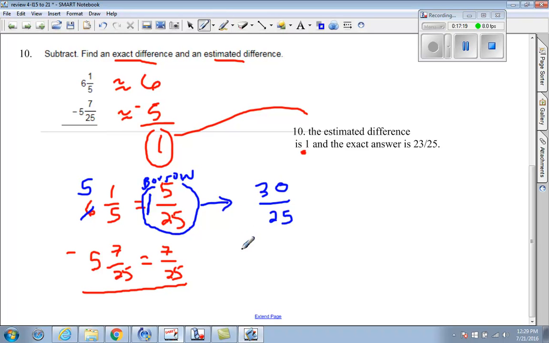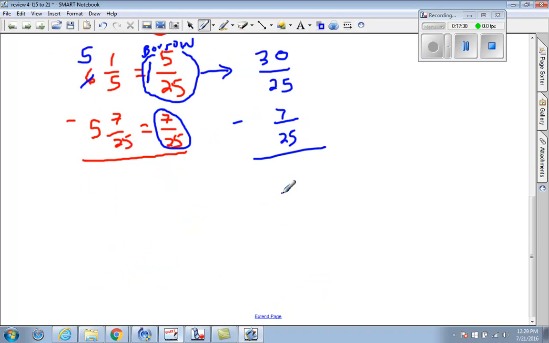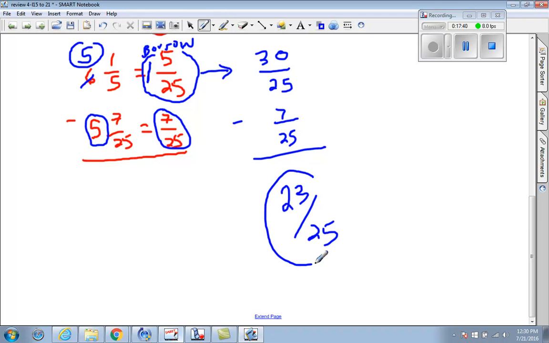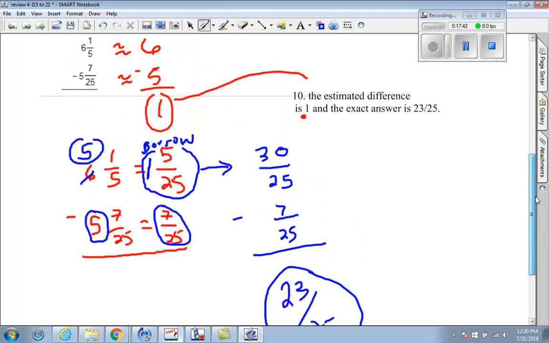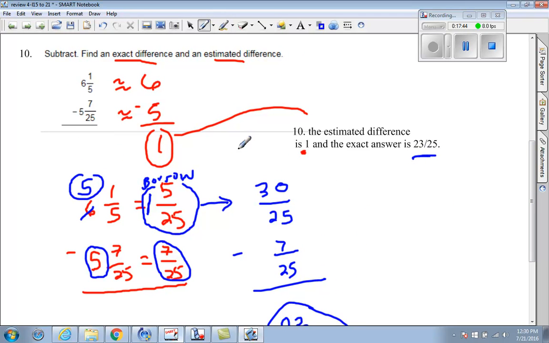So 30/25 minus this here 7/25 is going to lead you to 23/25. And don't forget your whole numbers over here, but 5 minus 5 is nothing. So you're just left with this 23/25, and voila, that was the answer.